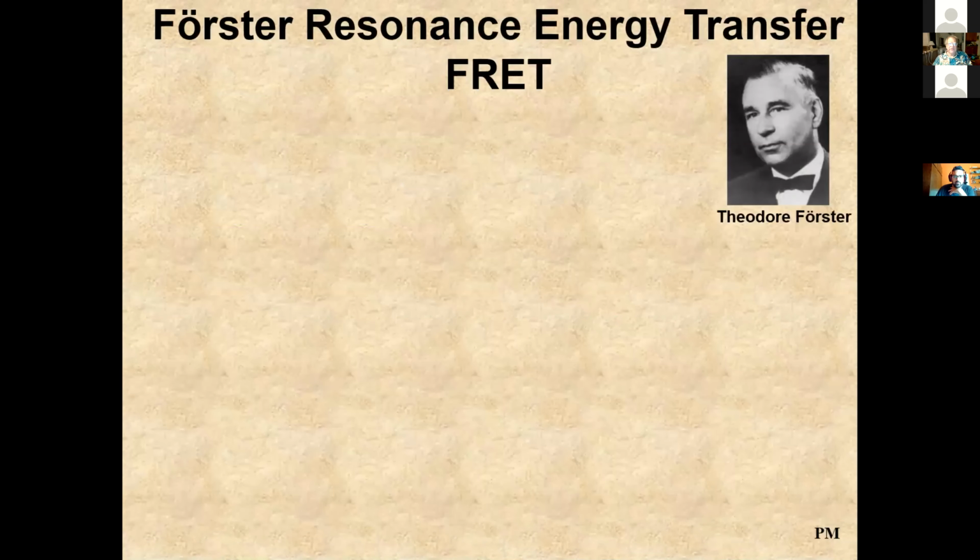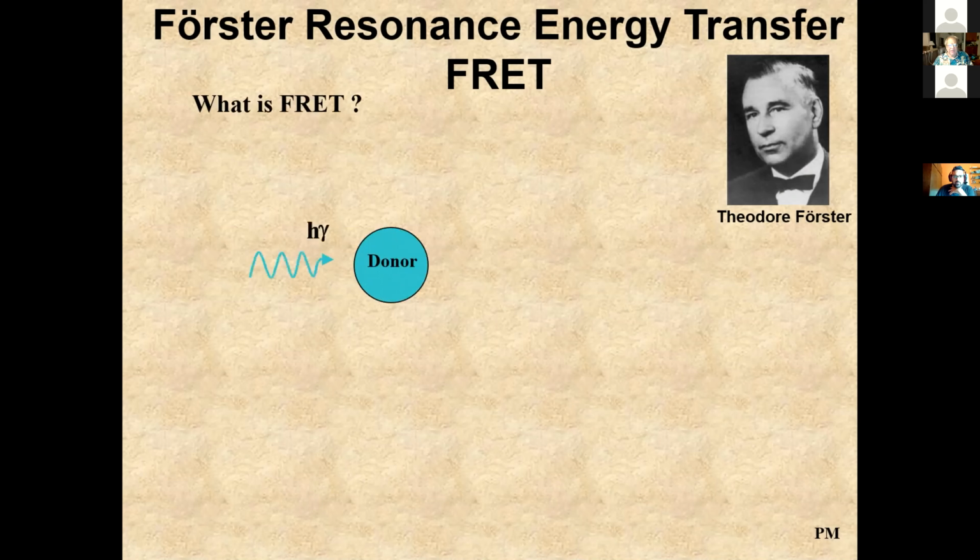So let's move to another topic, Förster resonance energy transfer. It's named after Theodor Förster, who made some important contributions to this. And what is FRET? Well, we have a donor molecule, we'll call it donor. There's nothing else happening. It absorbs light and emits light like any fluorophore.